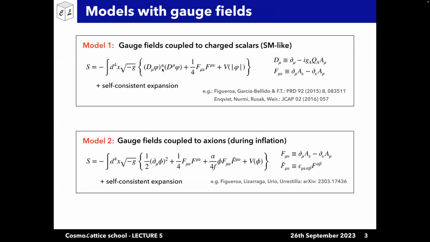Here the coupling between the complex scalar and the abelian gauge field is in the covariant derivative, while in the axionic case you have a coupling which is F mu nu dual, times phi. So I will let them discuss this in more detail on Friday. In this lecture, I will focus on the U(1) gauge field, and in lecture 7 tomorrow, Adrian will focus on the similar scenario where the complex scalar is coupled to an SU(2) field.